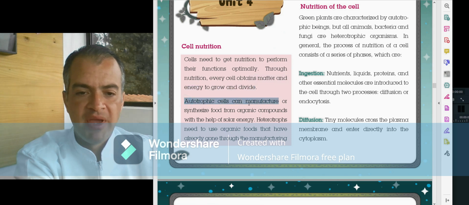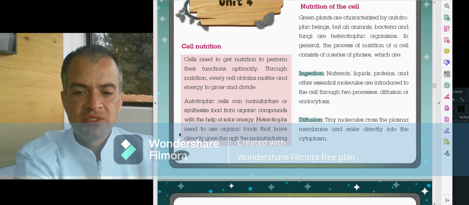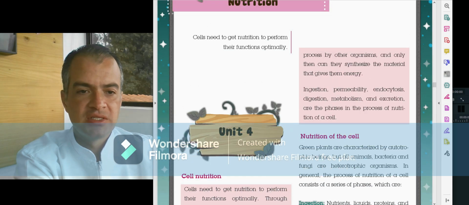Autotrophic cells can manufacture or synthesize food from organic compounds with the help of solar energy. Heterotrophs need to use organic food that have already gone through the manufacturing process by other organisms, and only then can they synthesize the material that gives them energy.